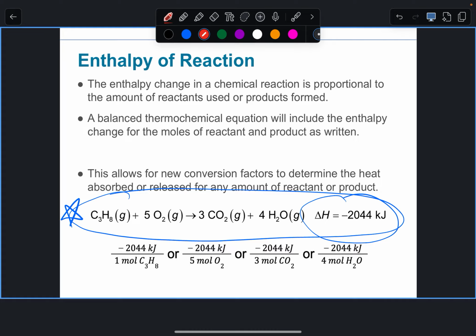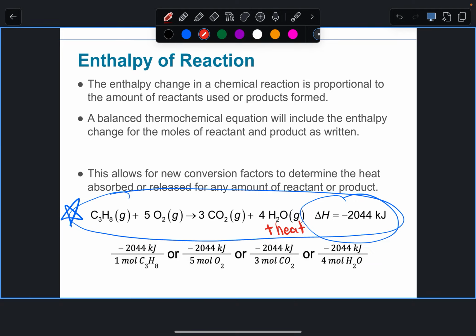As another component. In fact, if it's negative and heat's being given off, you can think of it as a product. So I'm even going to write here plus heat. So heat can be treated as a product in an exothermic reaction. And the amount of it is in the ratio that the balanced chemical equation is in. So like I've written down here the conversion factors.